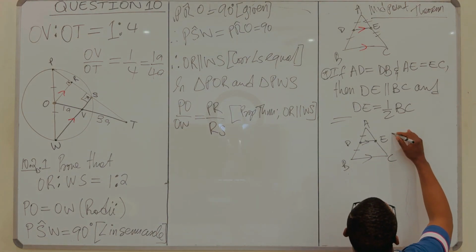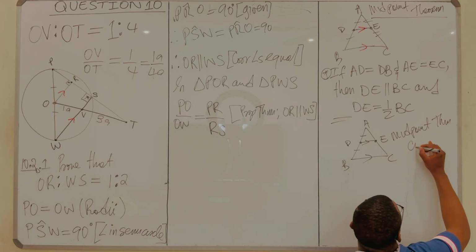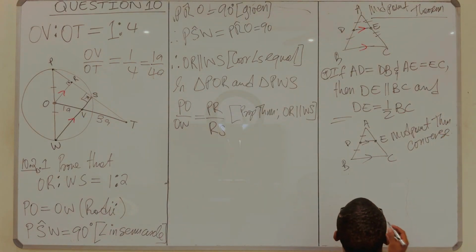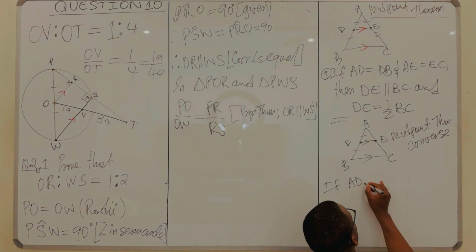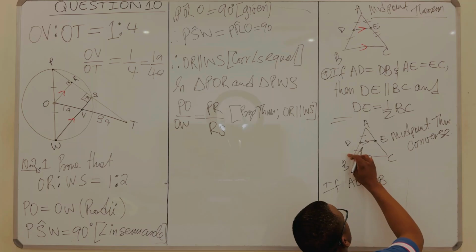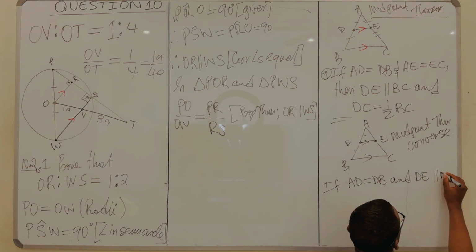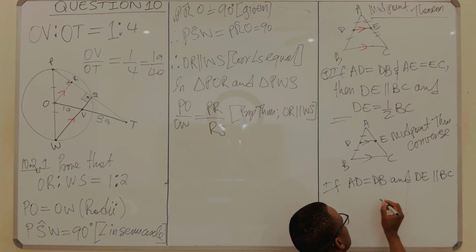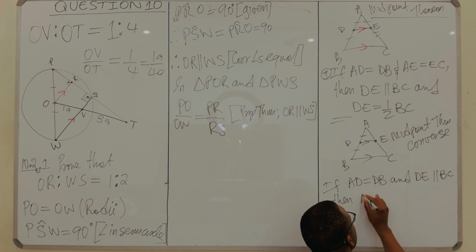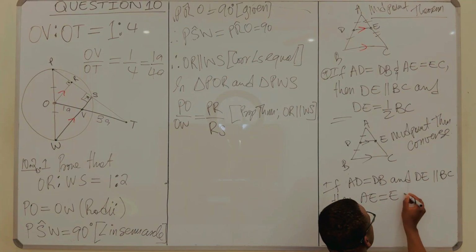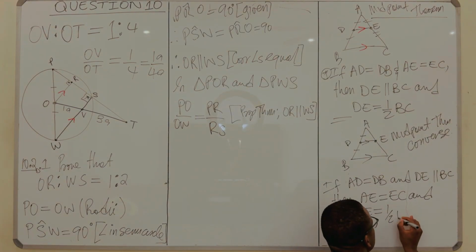This is the midpoint theorem converse, which is the other direction. So if AD is equal to DB, which is this side equal to this side, and DE is parallel to BC, then AE will be equal to EC, and DE is half that of BC.